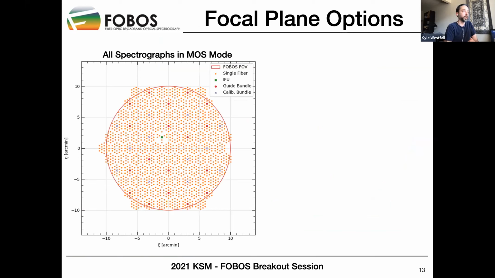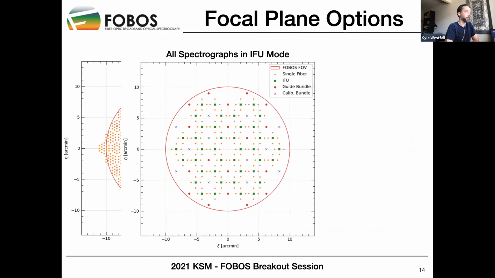So one of the tools that we've given allows you to basically look at the distribution of the apertures as you change the selection of which spectrograph deploys which kind of apertures. So here again is that same plot, but you can flip to all spectrographs being in IFU mode. And so here you see that the green squares are the individual IFUs, and then the orange spots are single fiber apertures that would be used for sky observations.